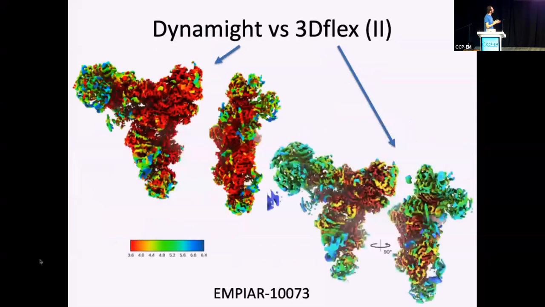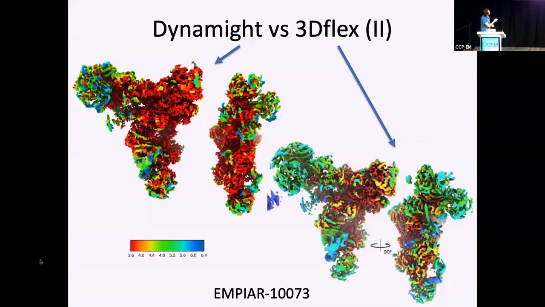So what we also did for the reviewer was to download one of the data sets that the 3D Flex paper included, and this is EMPIAR-10073, another spliceosome data set from the Nagar lab. We tried to run DynaMight on that again.